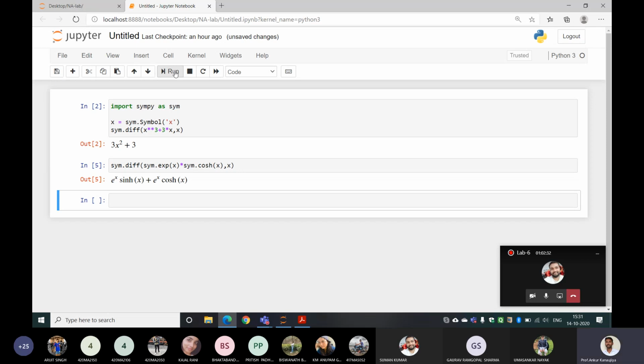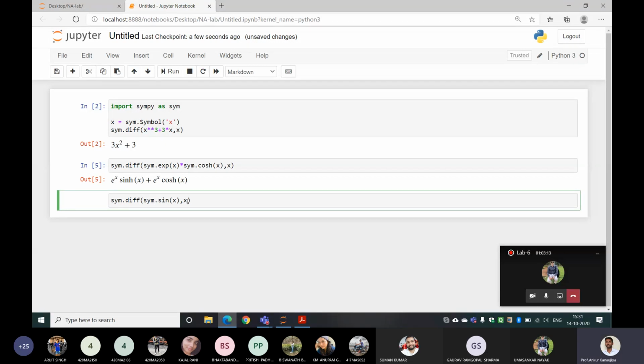There is one more feature also. If you want to differentiate 2 times or 3 times, like differentiation with respect to x 2 times, d2y by dx square, give me one function, I will differentiate 2 or 3 times. Sin x with respect to x, here sym.